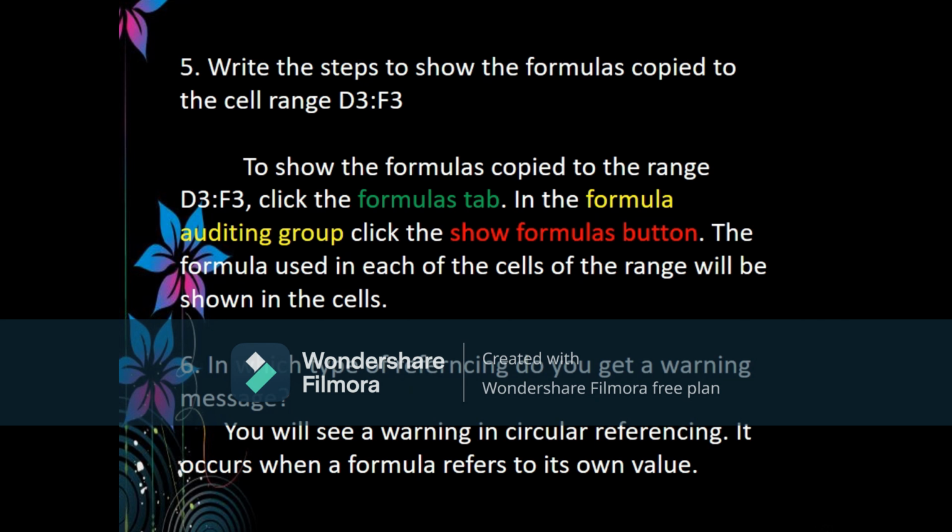It occurs when a formula refers to its own value. For example, in cell A3 we give the formula =A1*A2*A3. Every time it calculates the formula in cell A3, it must be calculated again. Why? Because A3 has changed. So when this type of problem comes, we get the warning in a circular reference.